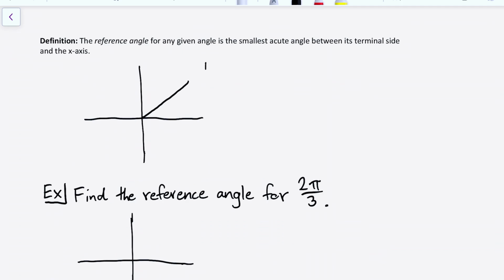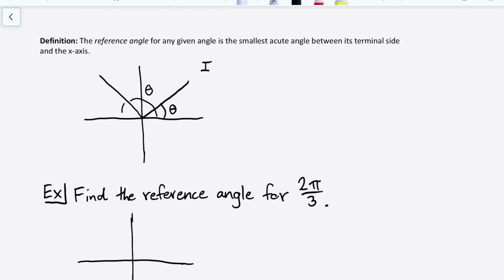If you're in quadrant 1, the angle itself, the angle measure theta, is also the reference angle. That is the smallest angle between that terminal side and the x-axis. However, if I measure an angle in quadrant 2, this angle theta is a quadrant 2 angle.